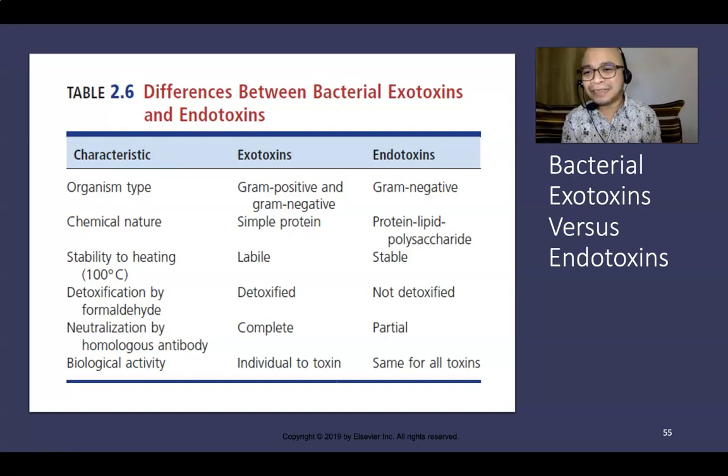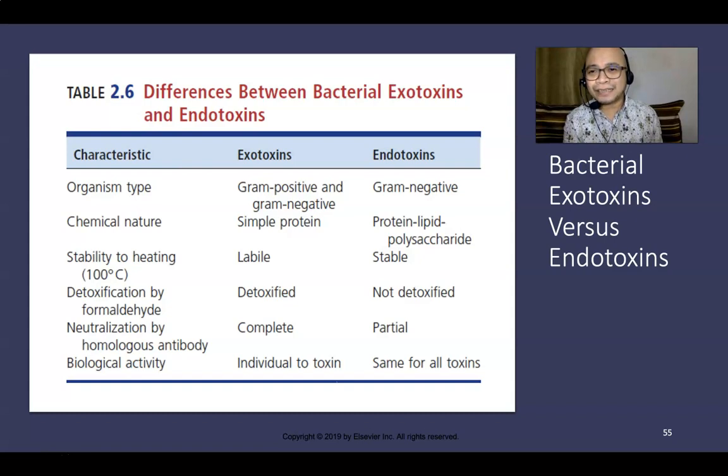In terms of stability to 100 degrees centigrade, exotoxin is heat labile, endotoxin is heat stable. We can easily detoxify exotoxin upon treatment with formaldehyde, but not endotoxin. And then the exotoxin is completely neutralized by homologous antibody, but not endotoxin.